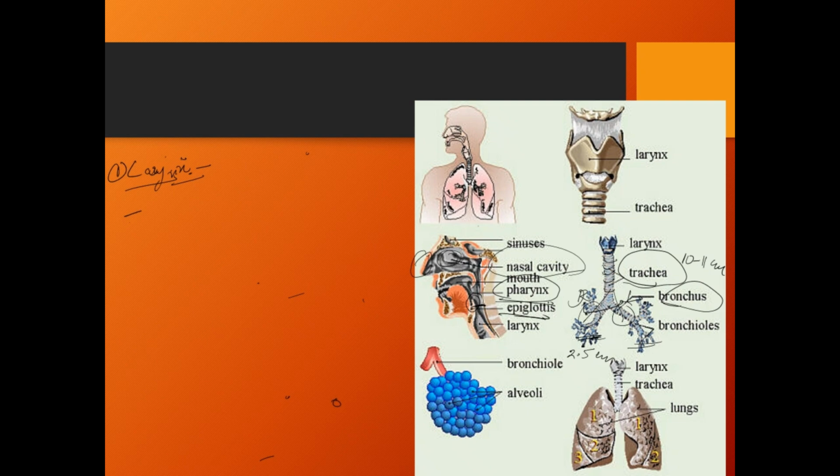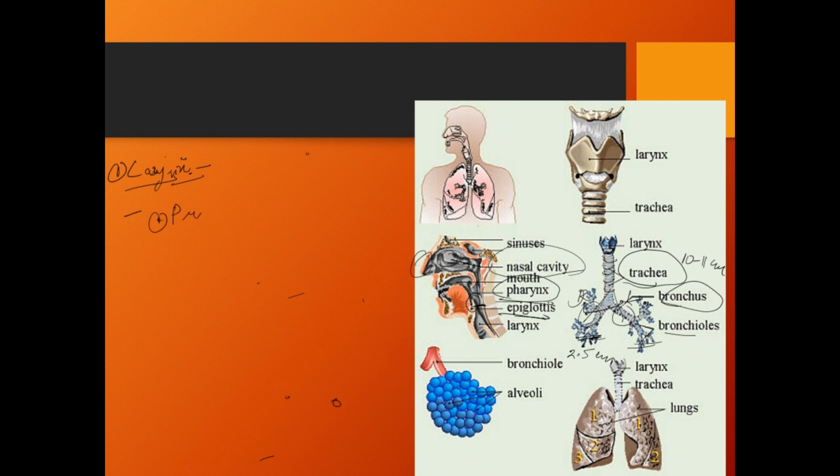Now this right bronchus is further divided into three branches. When it divides, it first divides into the primary bronchi.